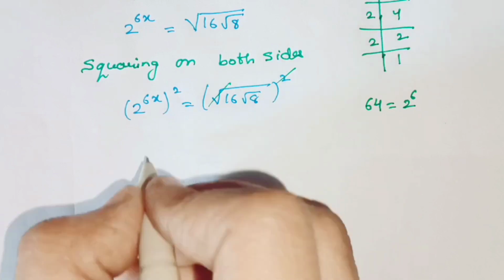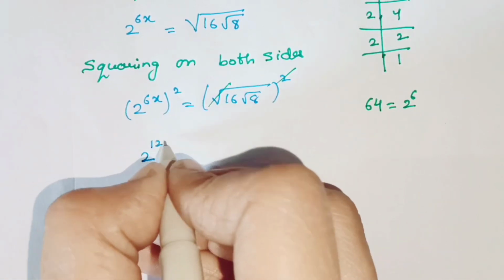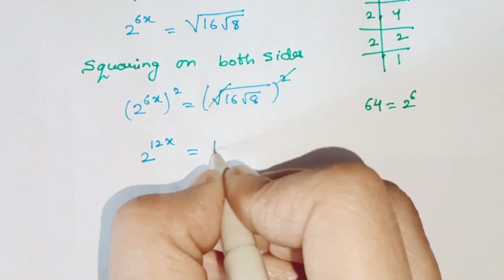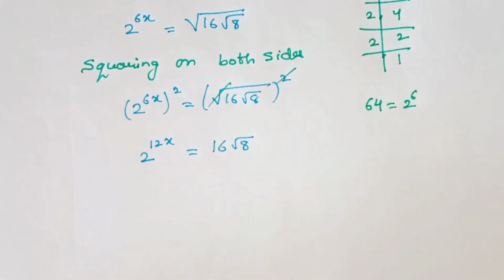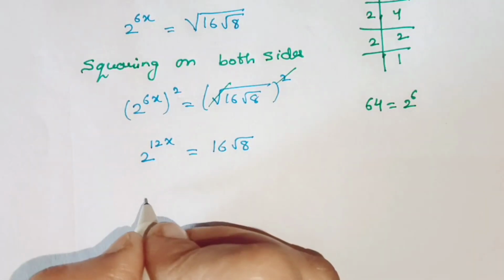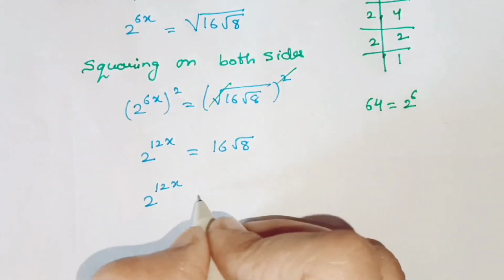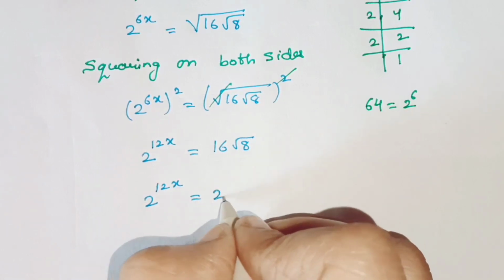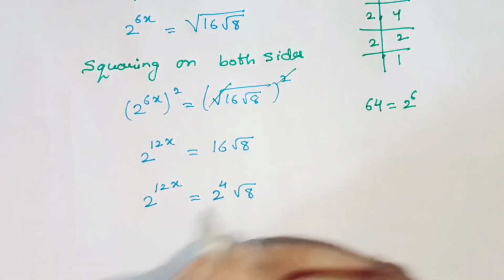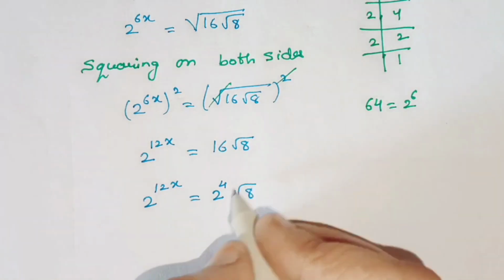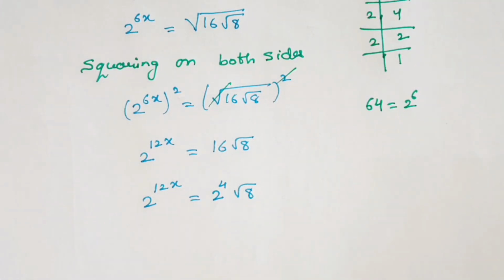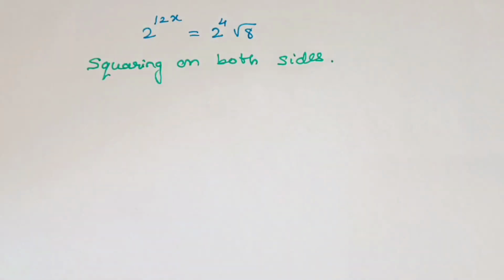And here we apply again the power of power rule. We'll get 2 raised to 12x is equal to 16 into root 8. Also we know 16 is 2 raised to power 4. So the equation will become 2 raised to 12x is equal to 2 raised to 4 into root 8. To remove this square root, again we'll do squaring on both the sides.